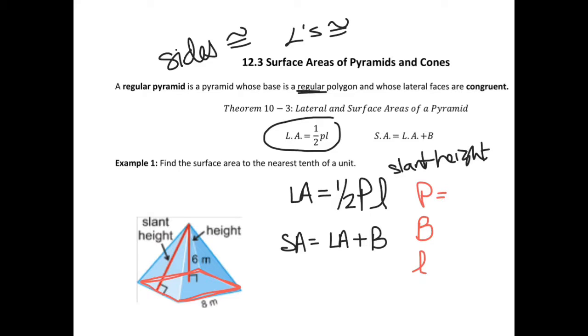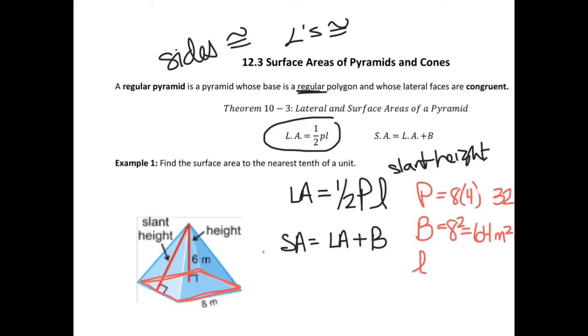So the perimeter of the base is 8 times 4, which equals 32. The area of the base, well, the base is a square, so that's 8 squared, which is 64 units, and I think my units are meters squared.